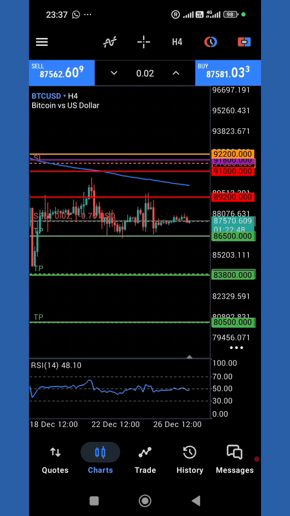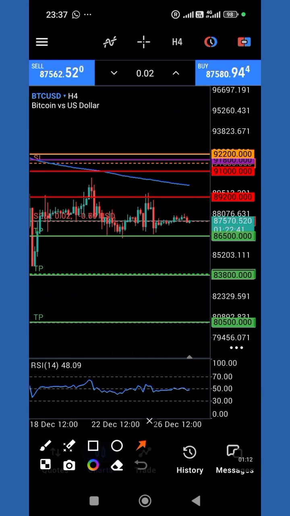Now, looking at the charts, familiarizing you with what I have here, this is BTC USD. On your platform, you may have it as BTC USDT, and I'm on the 4-hour time frame, as you can see. The trade that is running currently, I opened a trade that is running right here.